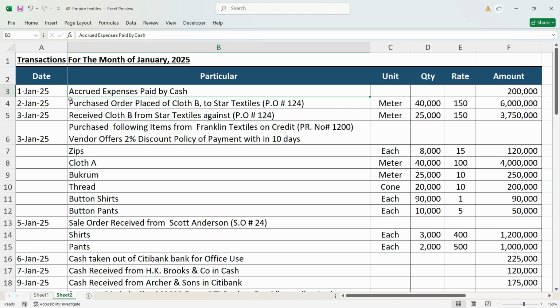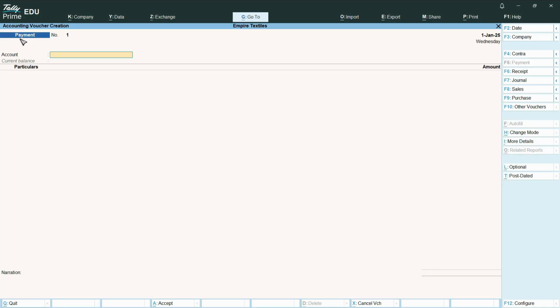That means it shouldn't be related to a trading activity like buying and selling cloth or buying and selling shirts. It should not be connected to the main trading source of the business, and it should be non-cash as well. Like any kind of adjustment entry, prepaid rent is converted to rent expense, something like that, which doesn't involve cash. But this transaction involves cash. So that's why we will use the payment feature for that.